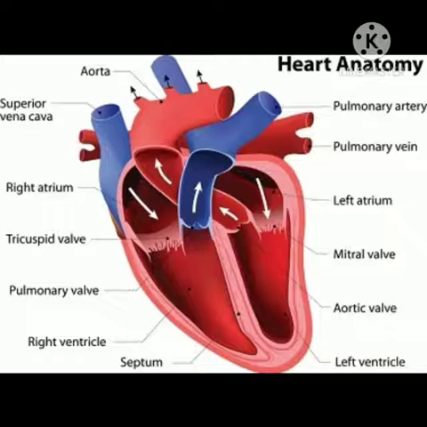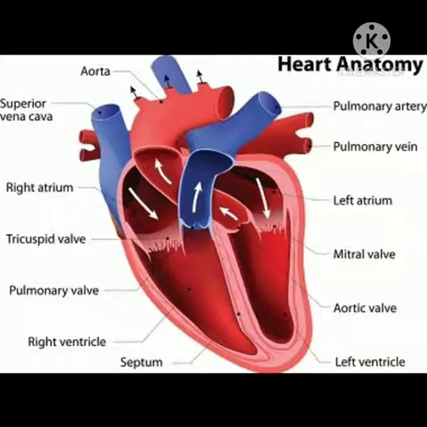Now let's study how the oxygenated blood reaches to the heart from the lungs. From the lungs, the oxygenated blood is taken up by blood vessel, that is pulmonary veins.